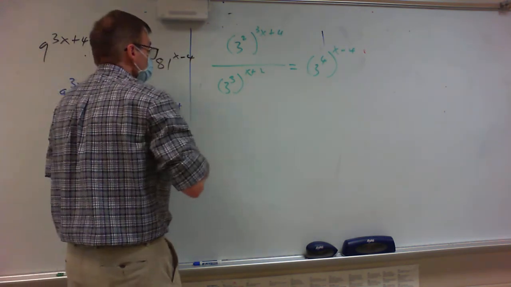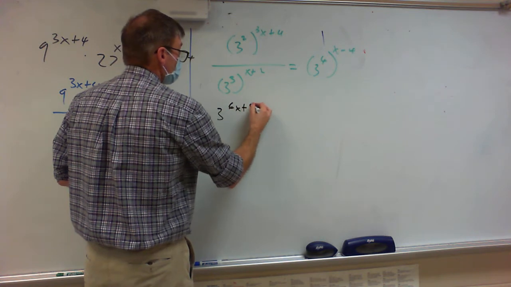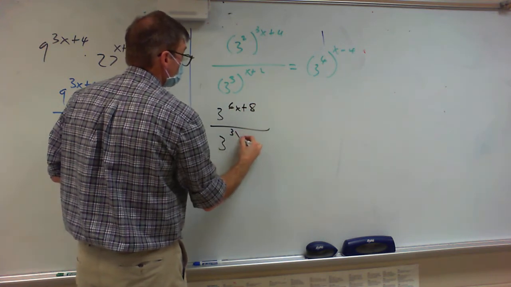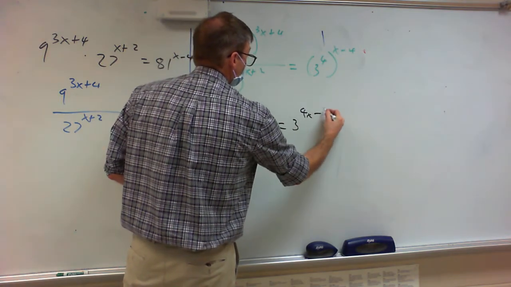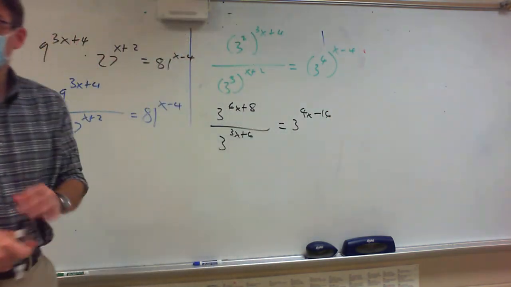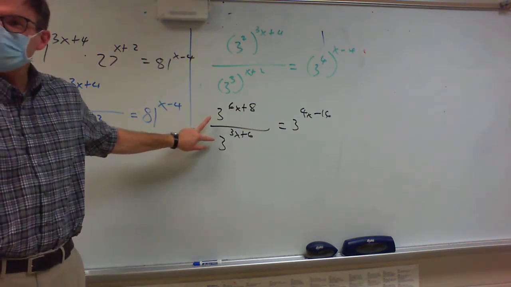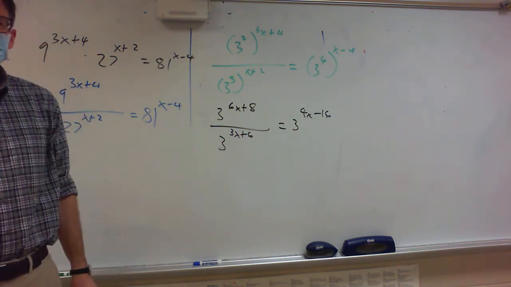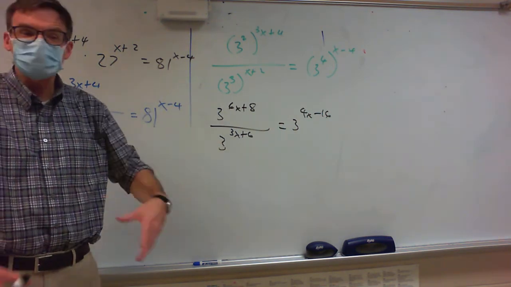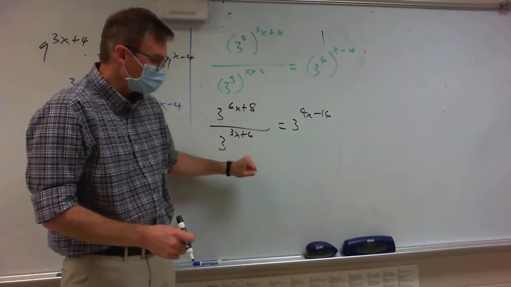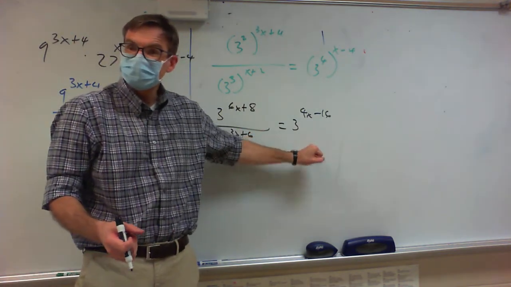All right, so now this is 3 to the 6x plus 8 over 3 to the 3x plus 6 equals 3 to the 4x minus 16. And guess what we're going to do here? Subtract the exponents, right? Remember, the way we solve this is I need, effectively, 3 to some power on this side and 3 to some power on this side.